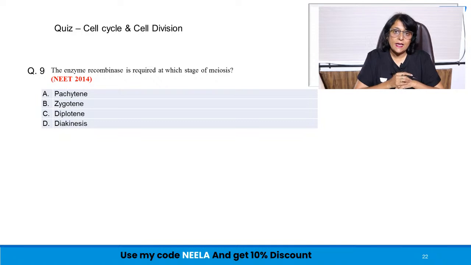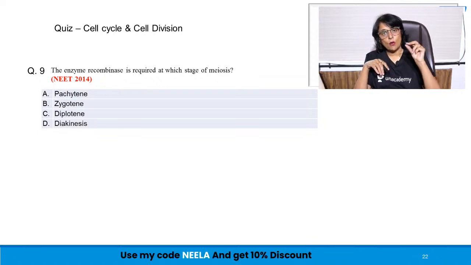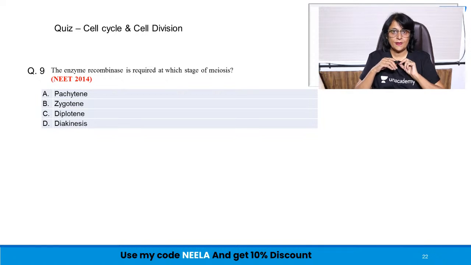Have you read what is given in our NCERT? There is one page where meiotic division is explained, and especially in prophase 1, NCERT has talked about all these stages.